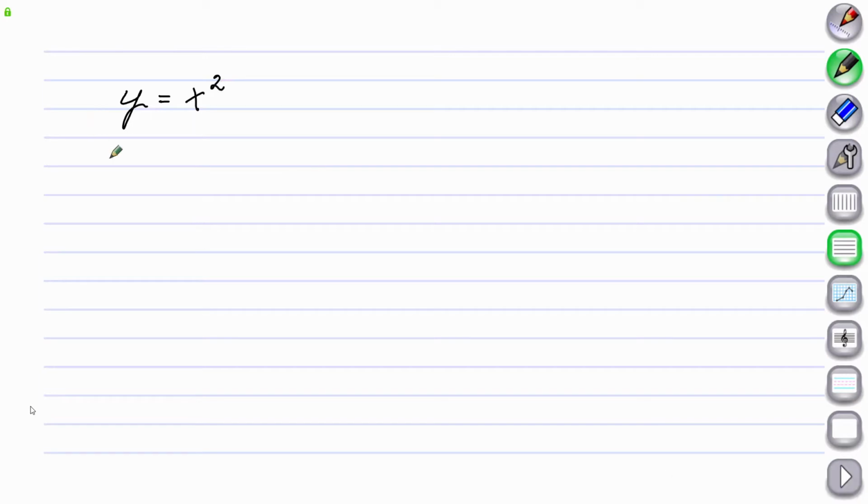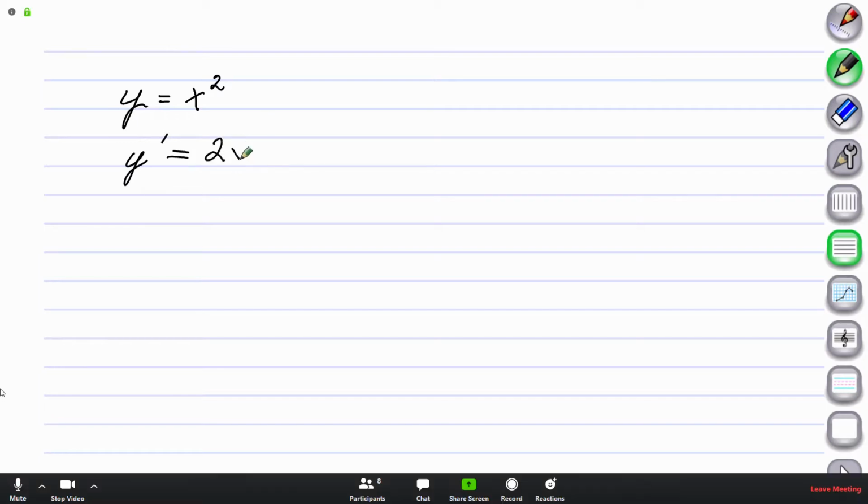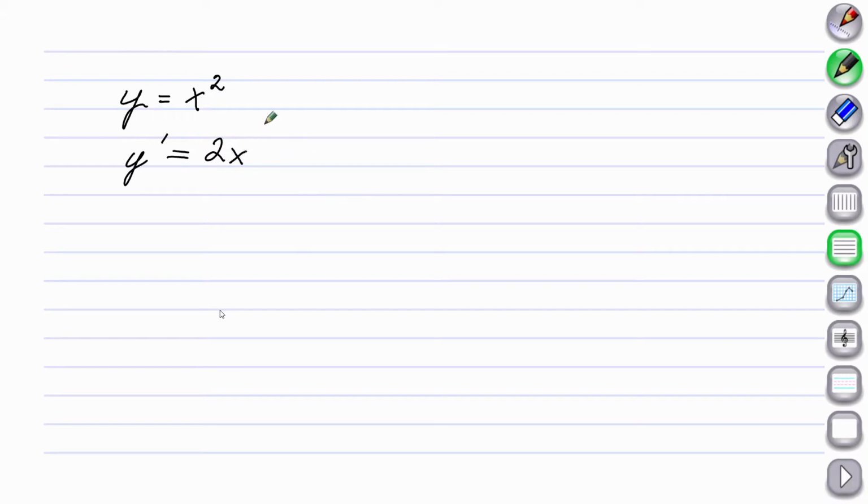What is the derivative of that? 2x. That would be 2x, right? Do you follow that? Do you agree? Yeah, we agree. Okay, well, anti-differentiation means that we have the derivative and we're trying to figure out what the original problem was. We have this derivative and we want to find x squared.